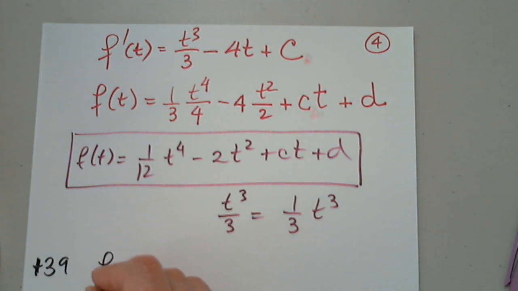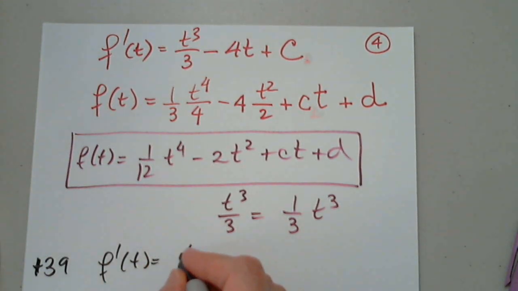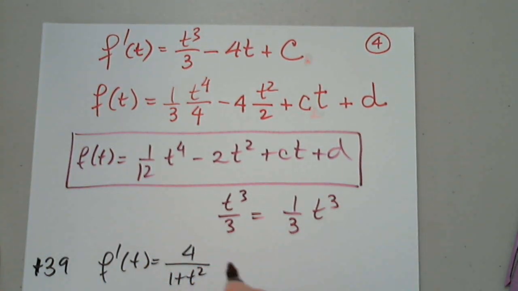39. So we're given the first derivative f prime of t as 4 over 1 plus t squared, and they are giving us f of 1 equals 0. That's the initial condition. Obviously at this point, they're not asking us to find the most general antiderivative.